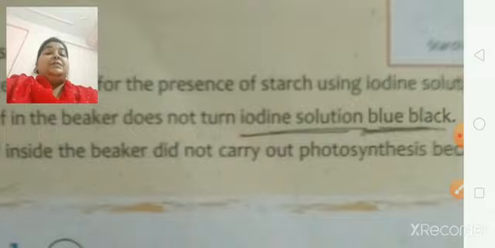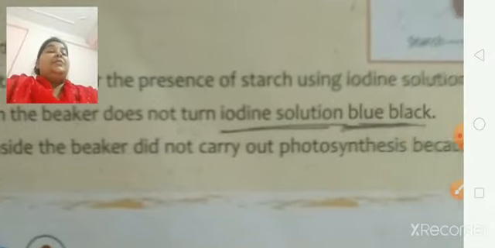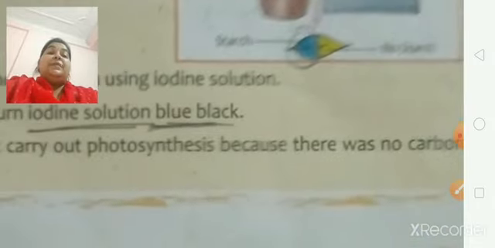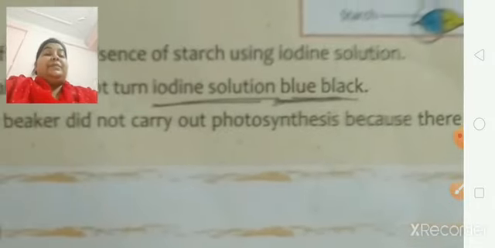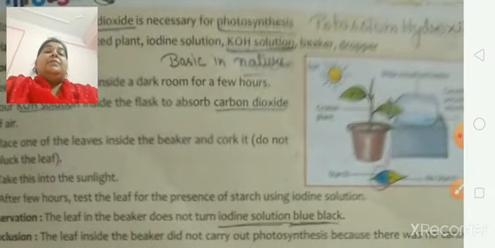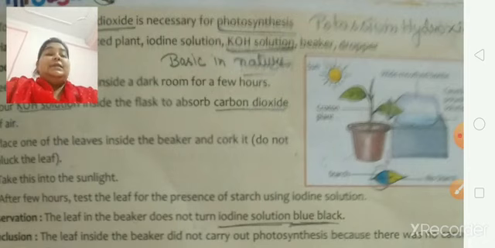That means the part inside the beaker did not carry out photosynthesis because there was no carbon dioxide. So from this activity you can understand why carbon dioxide is necessary for photosynthesis. I think it's clear to you.